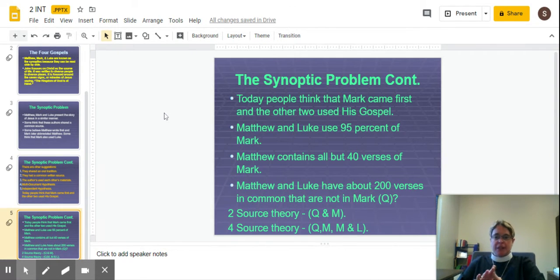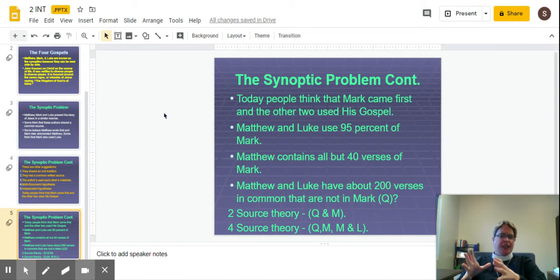Like I said, people think that Mark came first and the other two used his gospel. When we break it down, Matthew and Luke use 95% of Mark. Matthew itself contains all but 40 verses of Mark. And Matthew and Luke have about 200 verses in common that are not in Mark.